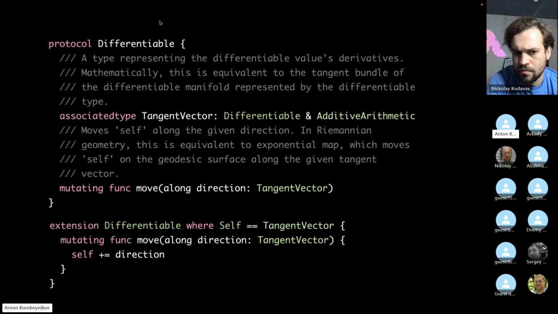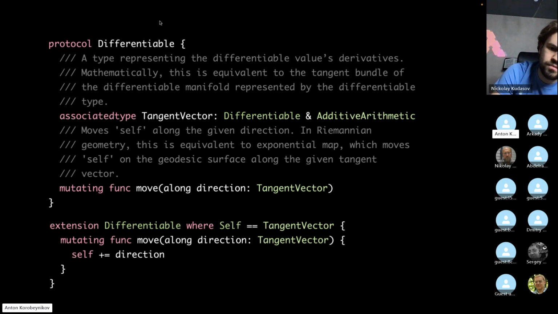Now we can do some kind of simplification. The moved(along:) method, as I said, is the exponential map, which changes the self value based on the direction represented by the tangent vector. And here we can provide a default implementation. I think this covers maybe 80% of the cases when we would be interested in differentiable types.